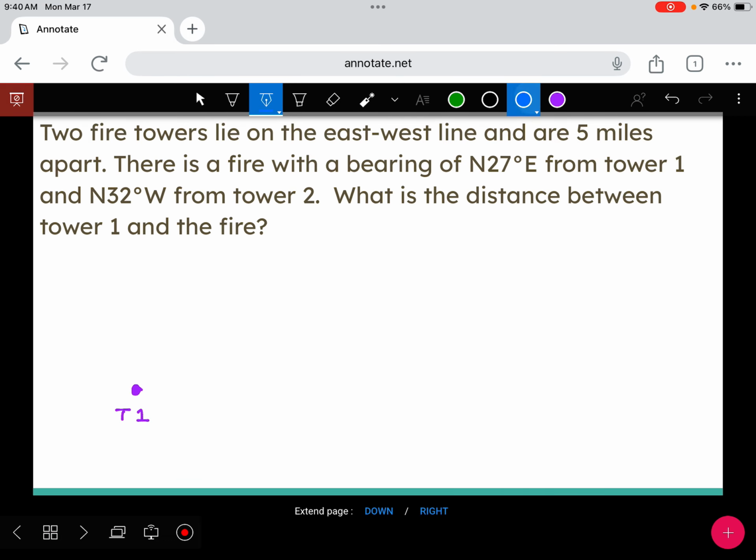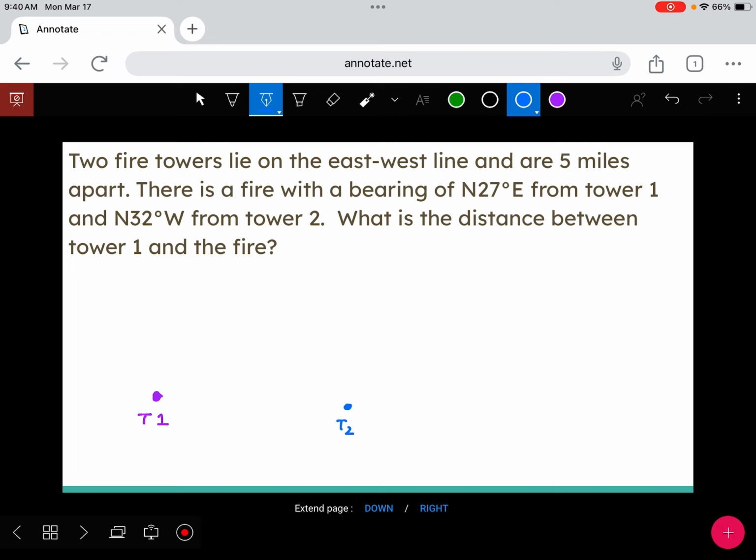So if we have Tower 1 and Tower 2, they are on an east-west line. That just means they are equal this way and are 5 miles apart.